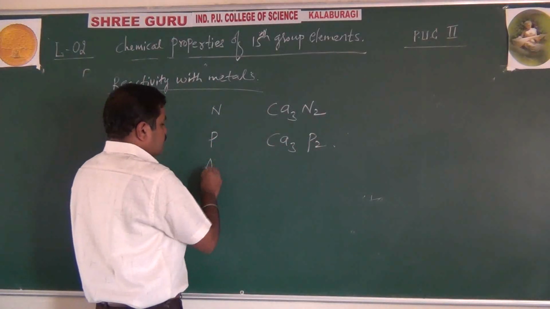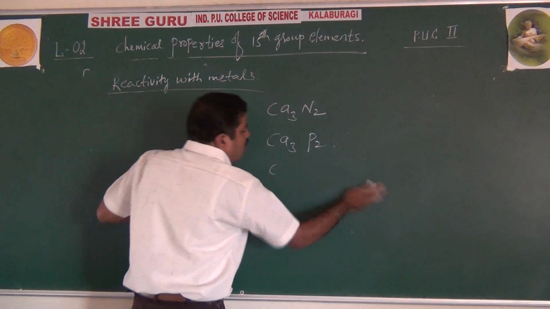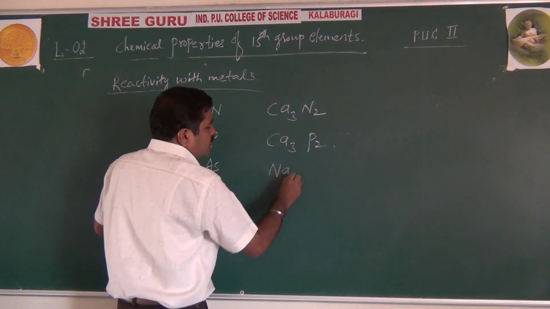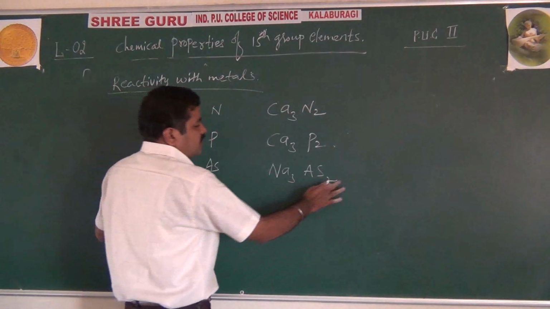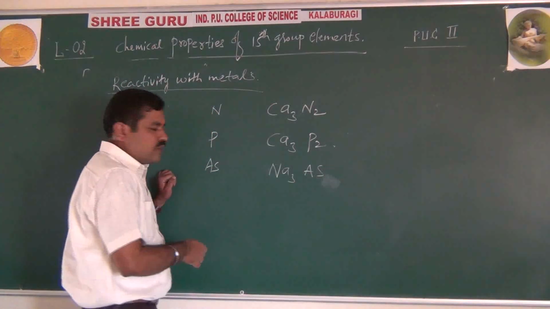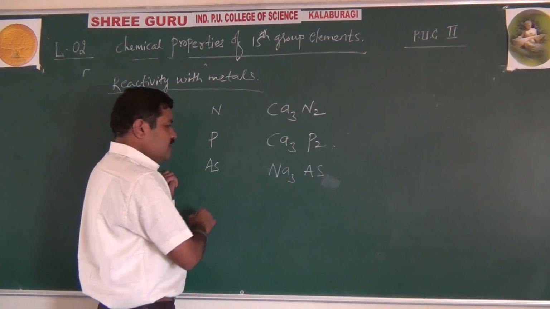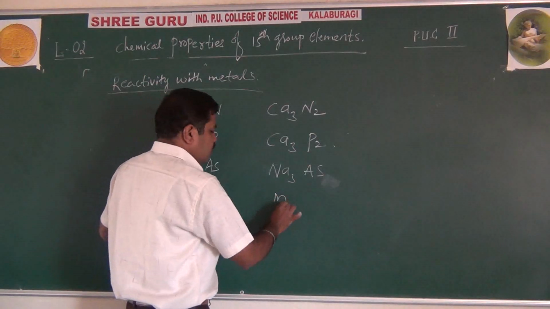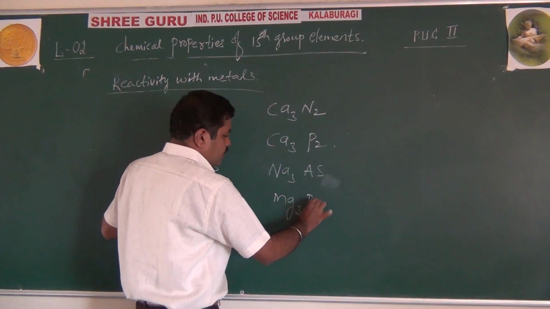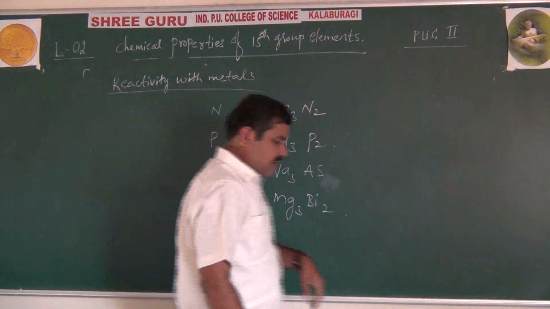Then arsenic forms sodium arsenide. Then magnesium bismuthide, Mg3Bi2. Like this, they form their binary compounds.